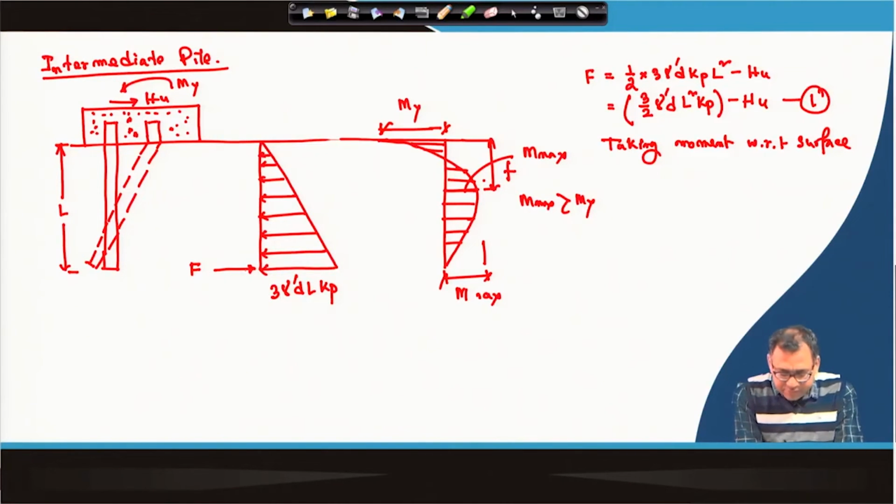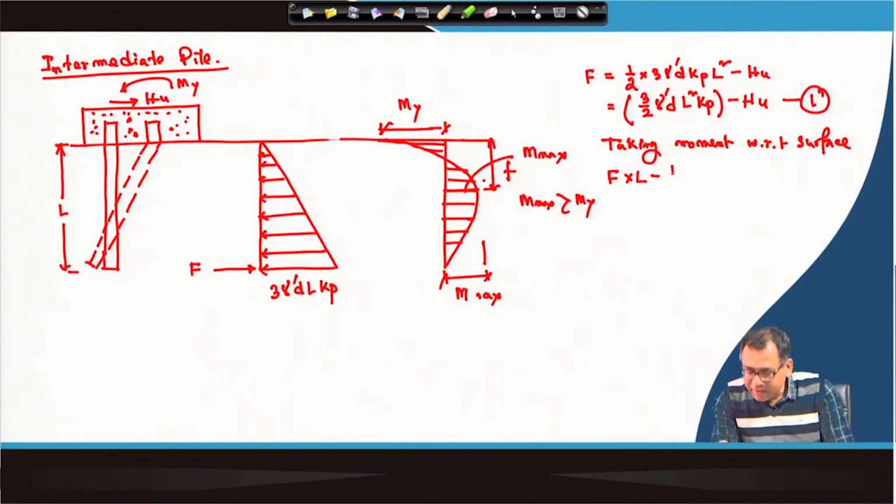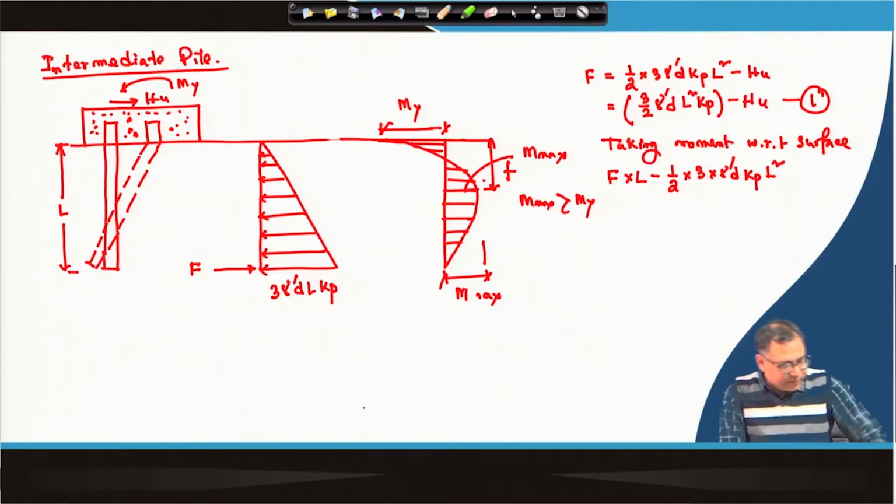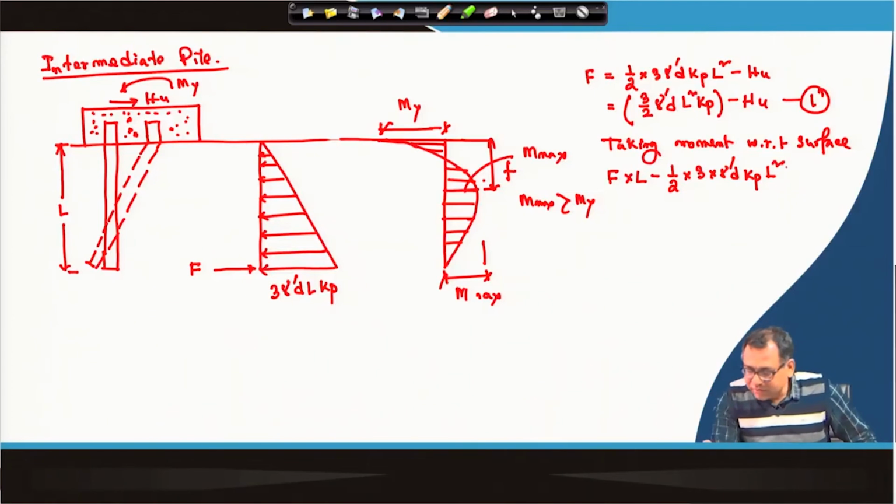F is acting, so F into L length, minus this contribution, because H u will not be considered, as it is also acting at the surface. That contribution is half into 3 into gamma dash d k p L square, into 2/3 of L from the top.